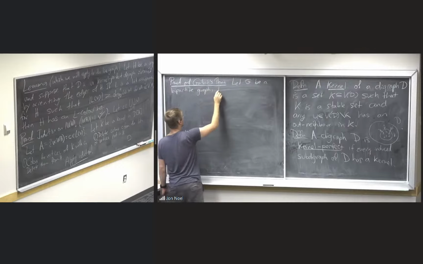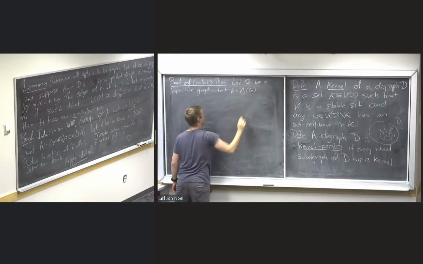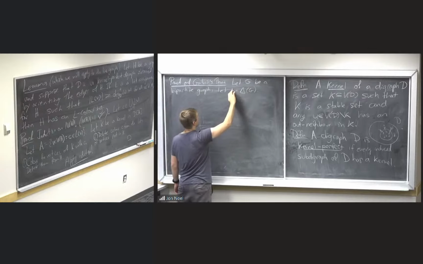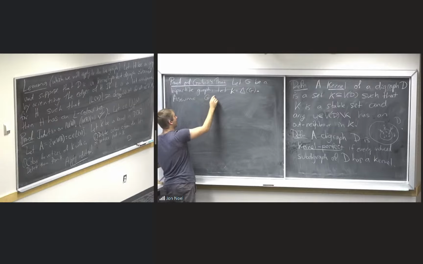And let's just let K be the maximum degree of G, so I don't have to keep writing delta of G, I can just write K. I don't know if this is necessary or not, but we can assume that G is K regular because of the trick we showed last time that if I have a bipartite graph, I can find it as a subgraph of a K regular bipartite graph. So we may as well assume G is K regular. Maybe it doesn't matter.